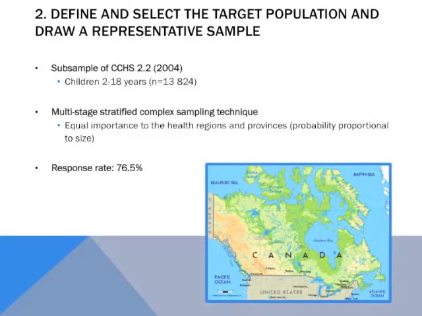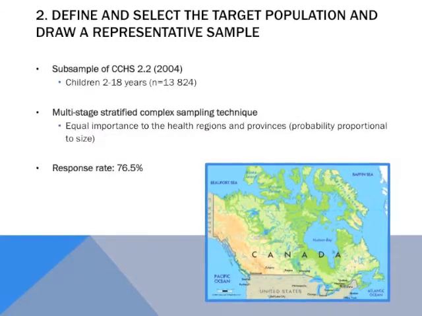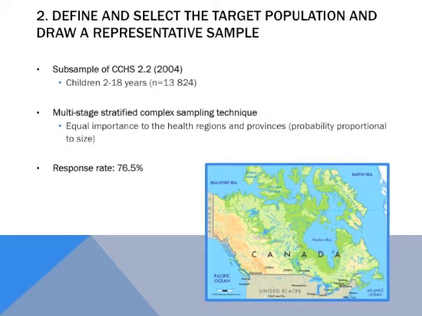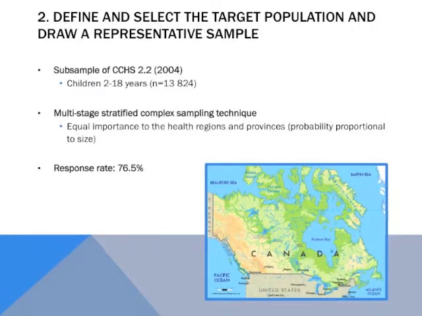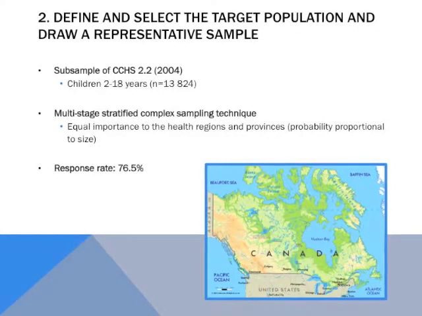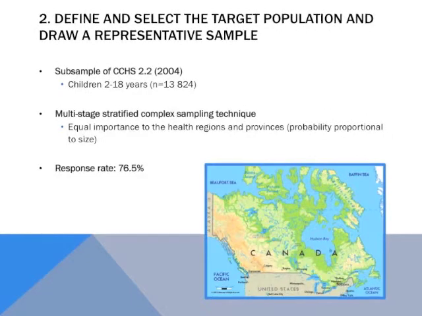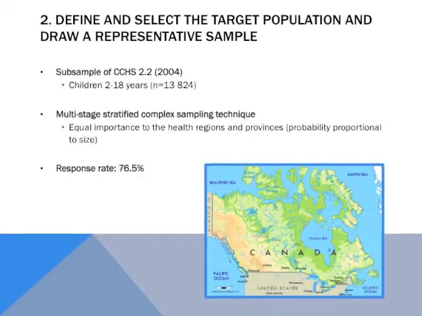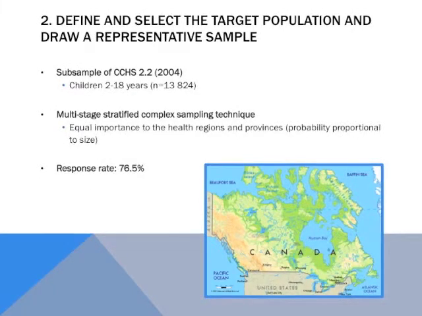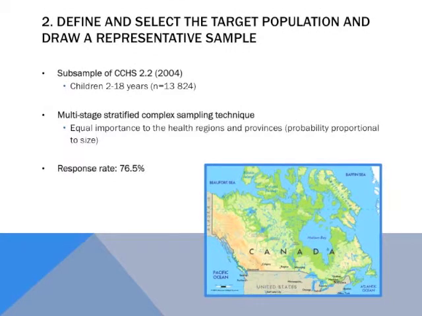This sample used a multi-stage stratified complex survey design where specific geographic areas are identified for sampling, then a list of dwellings are sampled from that area, followed by selection of one person per household for the survey. The survey excluded those living on First Nation reserves, members of the armed forces, and those in some remote areas. The overall response rate to the survey was 76.5%.